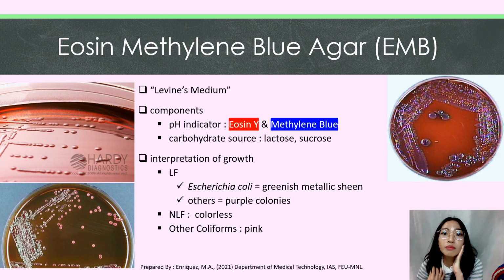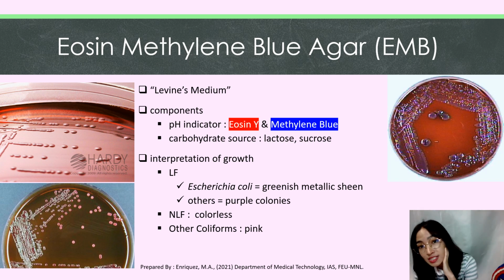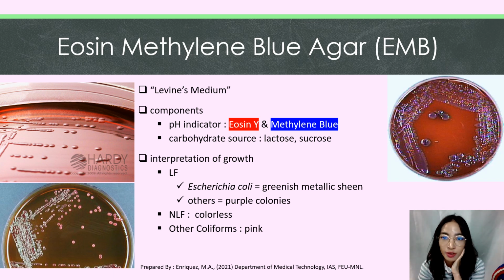The eosin methylene blue agar, or in some textbooks referred to as the Levine's medium, is used to differentiate lactose fermenting colonies such as E. coli that can produce their iconic greenish metallic sheen. If the bacteria is lactose fermenting but it is not E. coli, then the colonies would appear purple, just like this one.